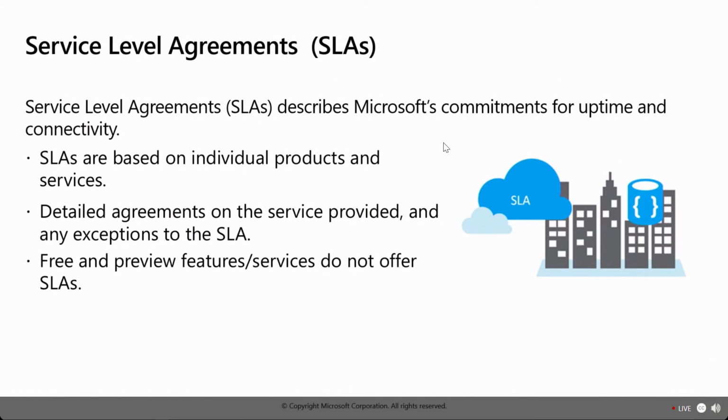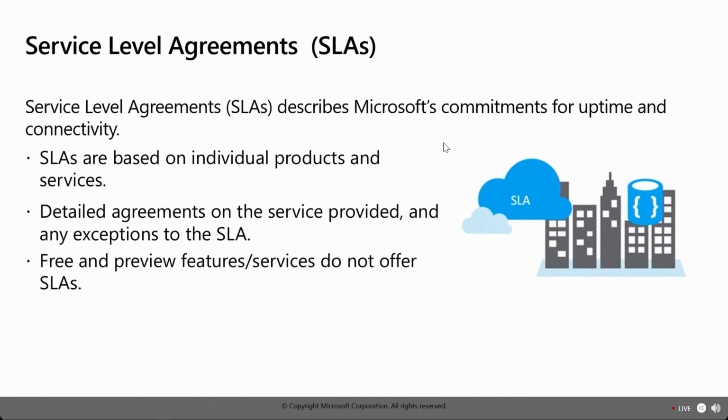And so if, for example, a service is down beyond that minimum agreed time, then a credit is applied to your account. Now, one thing to know is that every single service has its own SLA associated with it. So it's not just one general SLA. But free and preview items do not offer SLAs. So this does not apply to free and preview.